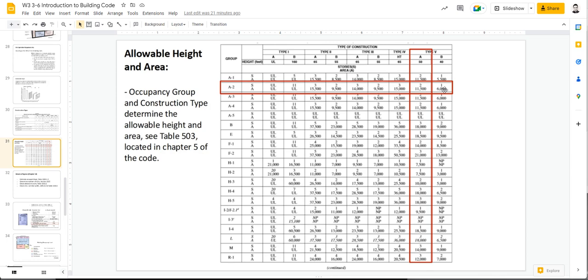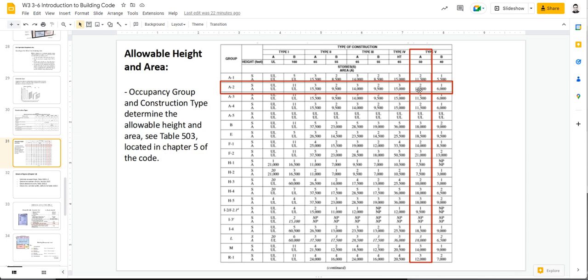If we want 2 stories, well, we cannot leave all the 2 by 4s exposed. We need to cover that up with like chipboard. And if we cover that up with chipboard, it becomes still a type 5 wood construction, but since it's covered up, it becomes a type 5A. A type 5A means that the main structure has been covered up with chipboard or some other material. And if you do that, then you can now put up a 2 story building.